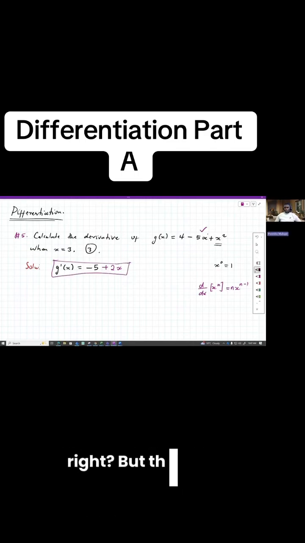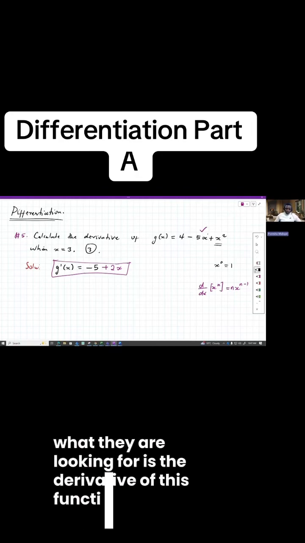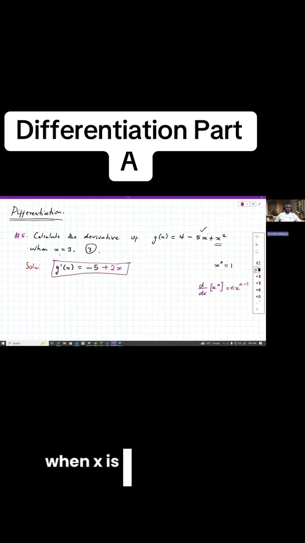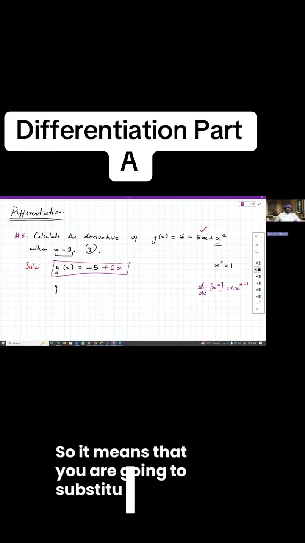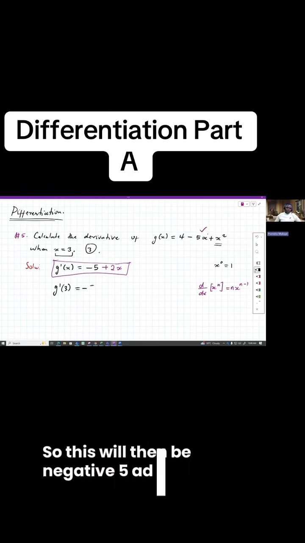Right. But what the question is looking for is the derivative of this function g when x equals 3. So it means that you are going to substitute this point into the derivative that you obtained. So this will then be -5 plus 2 times 3.